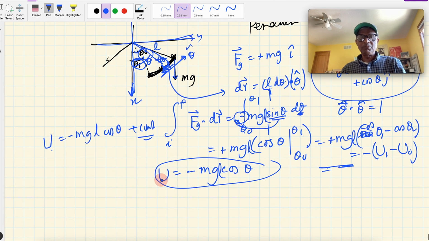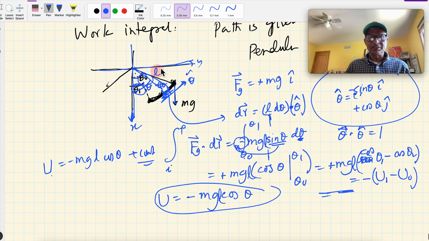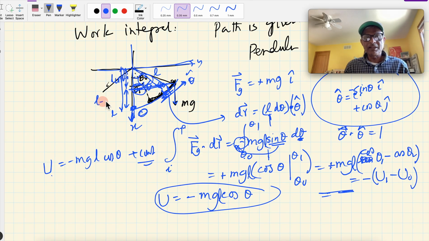Normally when we do problems like this, we say, okay, this is the lowest point. I'm going to call this zero potential energy. Then when it's over here, this whole thing is L, and this much is L cosine theta 0. So this height is L minus L cosine theta 0.